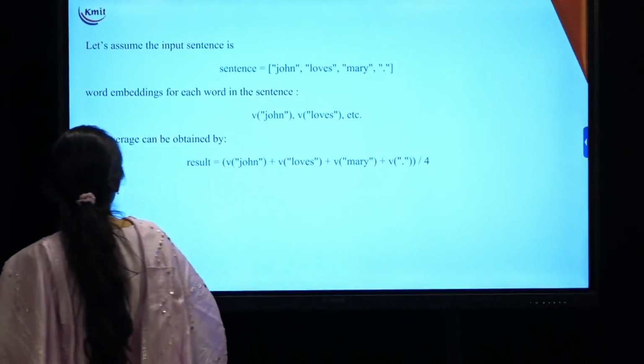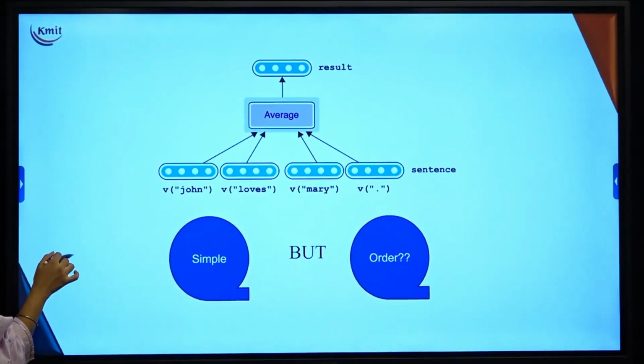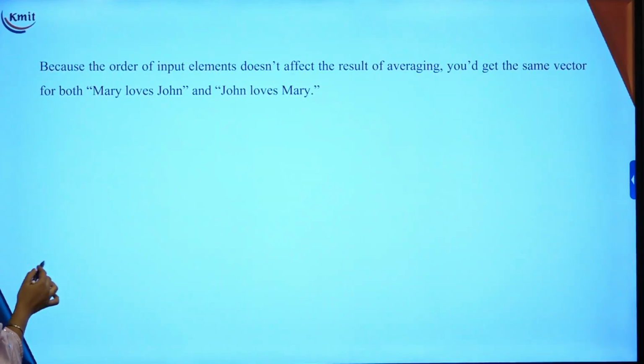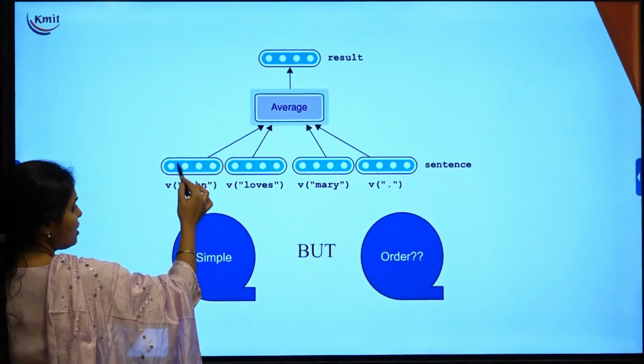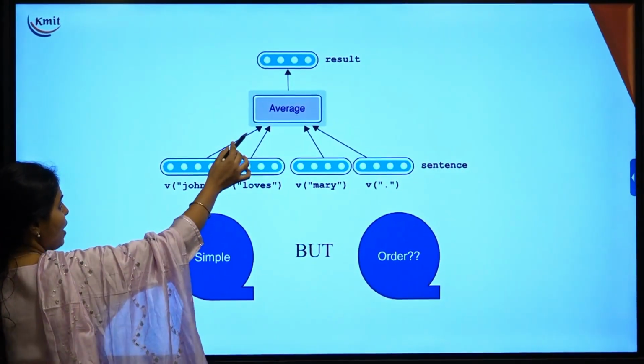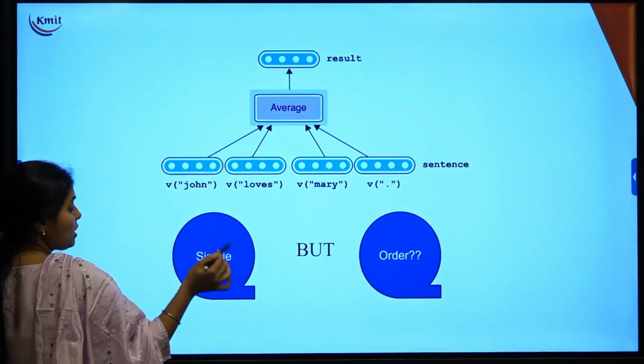So these are the word embeddings, I am averaging them and taking the result. This looks very simple, but what about the order?